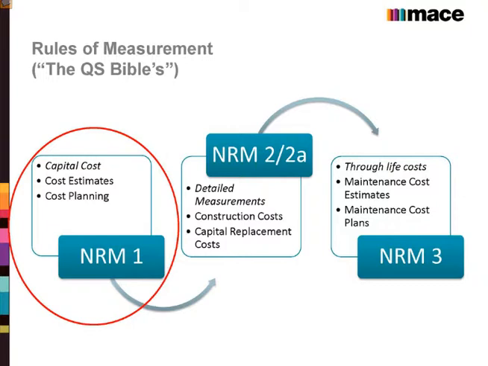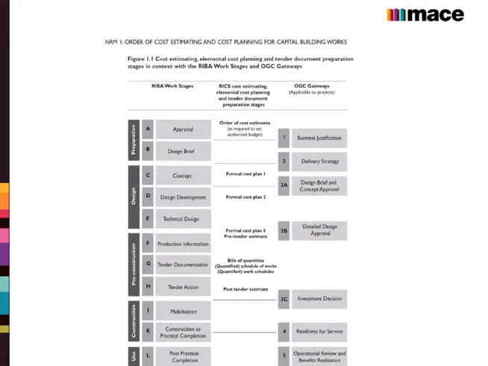Now, the NRM is produced and coded in a way that you can use and compare the data at different stages of the design. It also acknowledges that level of detail develops through the process, so you're not going to have all the information at stage 1. You're just not. So what I'm going to be talking about is the NRM1, because this is what I do as a day job.